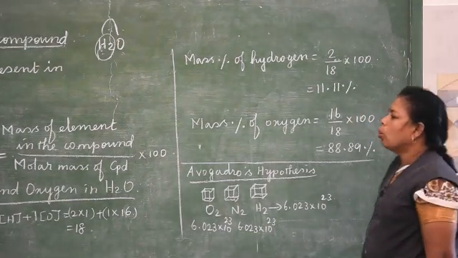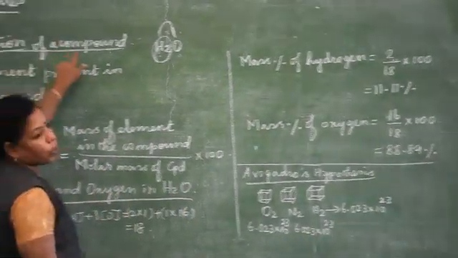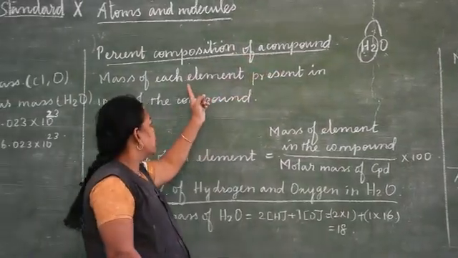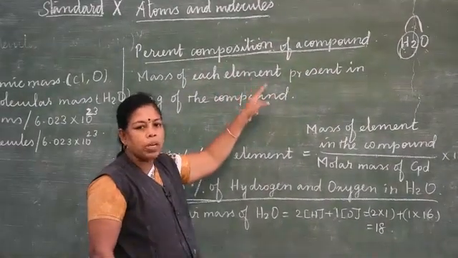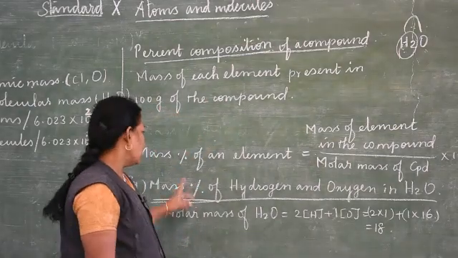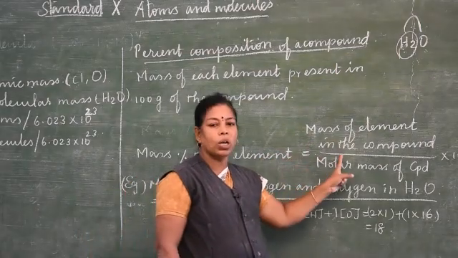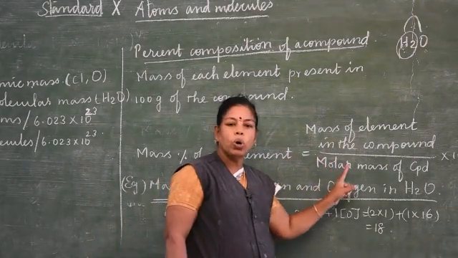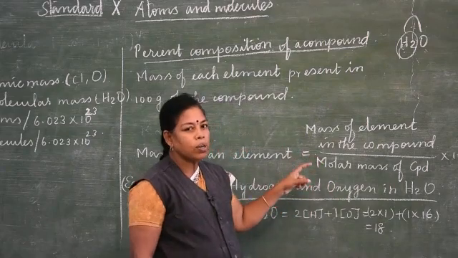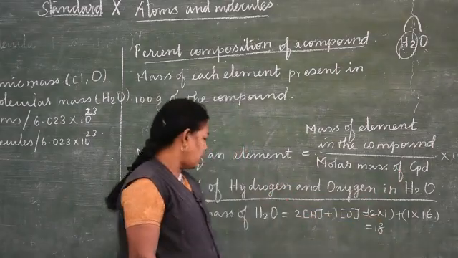So, how do we find the percent composition of an element in a compound? It represents the mass of each element present in 100 gram of the compound. It is the mass of the element in the compound divided by the molar mass of the compound, into 100.